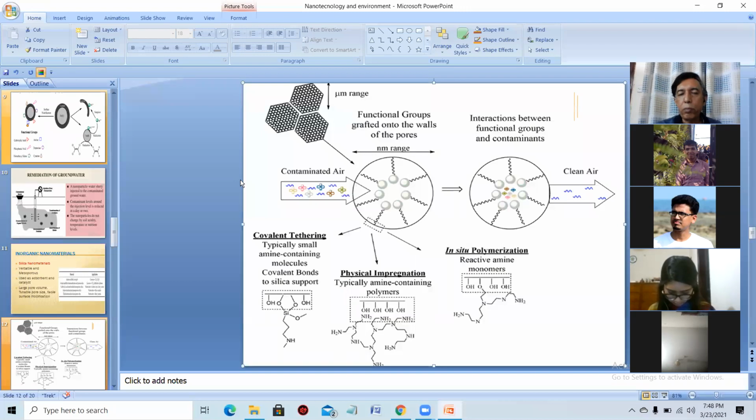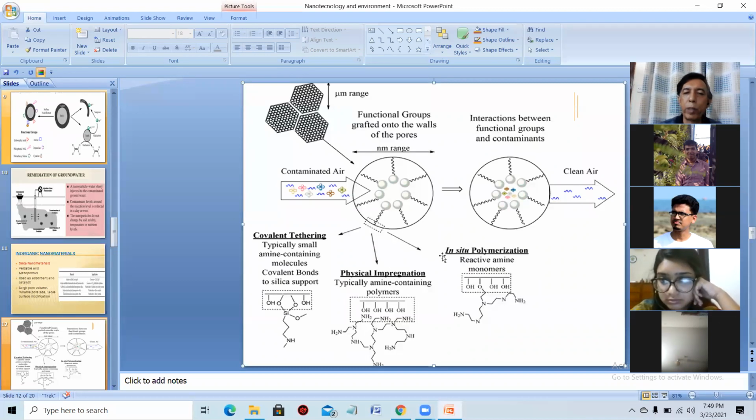So this is the process of using silica nanomaterial. These are the grafting of your functional groups. There are many types of functional groups or many types of polymers. You can graft them here by different ways.